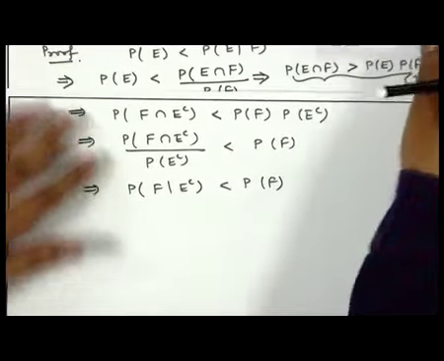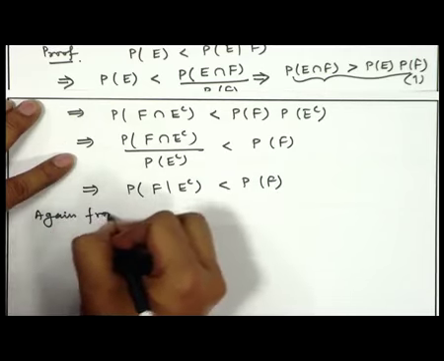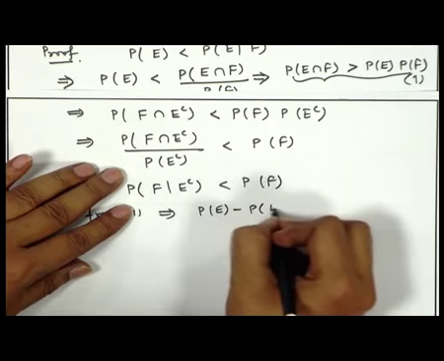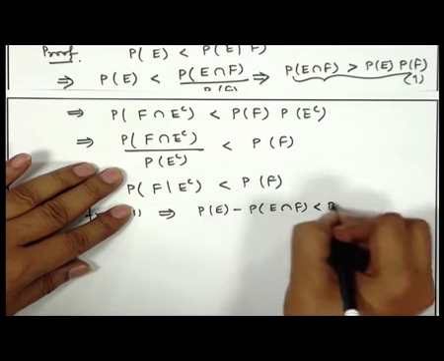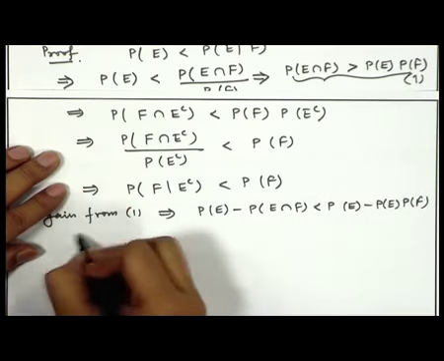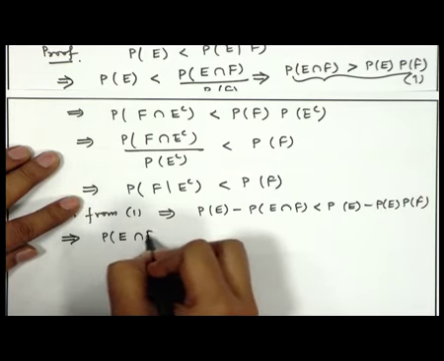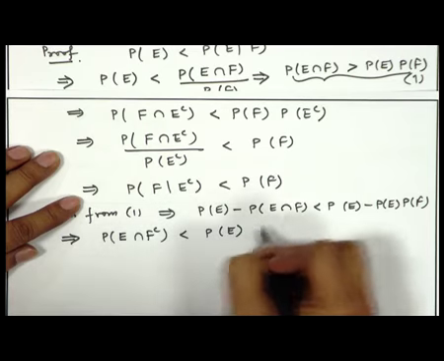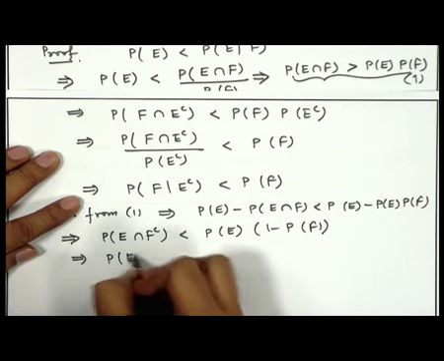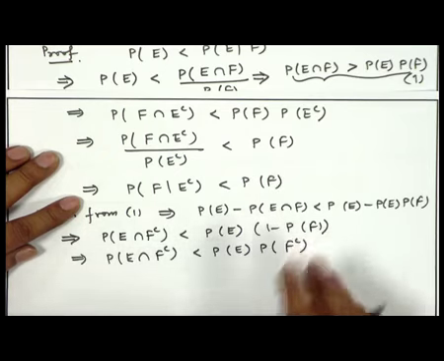Again, to prove the second one, I will use this 1. Again, from 1, if we consider probability of E minus probability of E intersection F, then that is less than probability of E minus probability of E into probability of F. So, that means probability of E intersection F complement less than probability of E into 1 minus probability of F. So, that is implying that probability of E intersection F complement is less than probability of E into probability of F complement.